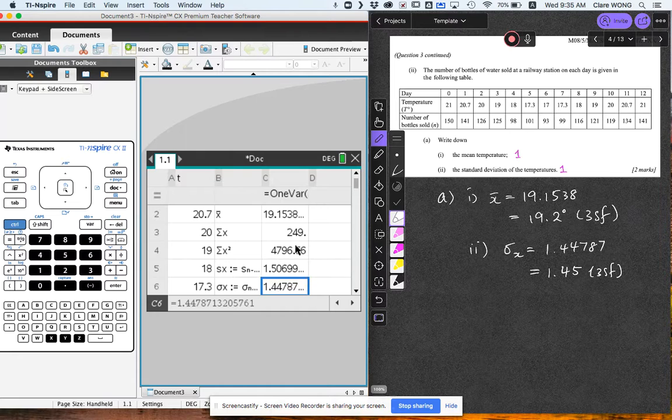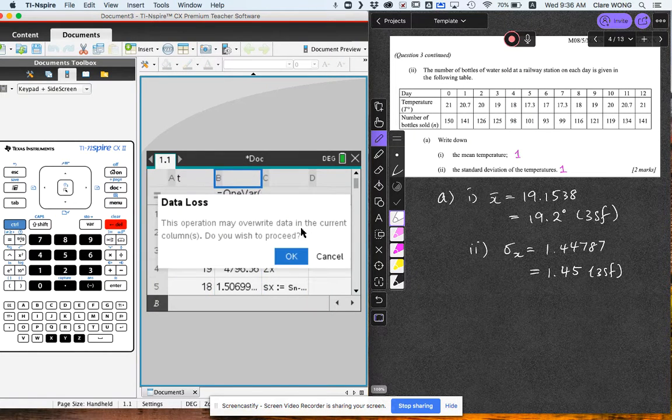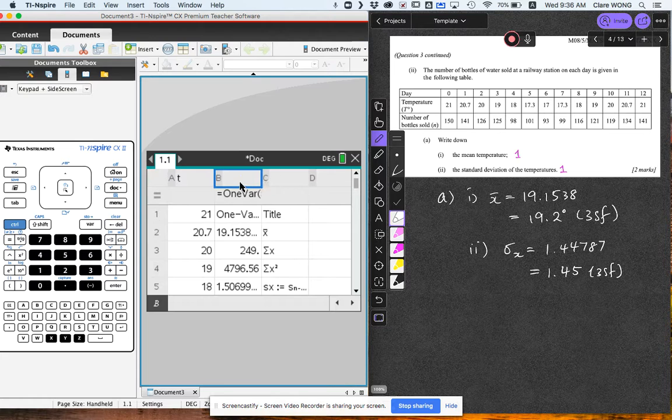Right, if I need to take the opportunity to make use of the bottles sold, then I need to put it into the second column. In that case, if I do that, I need to clear this column, delete.